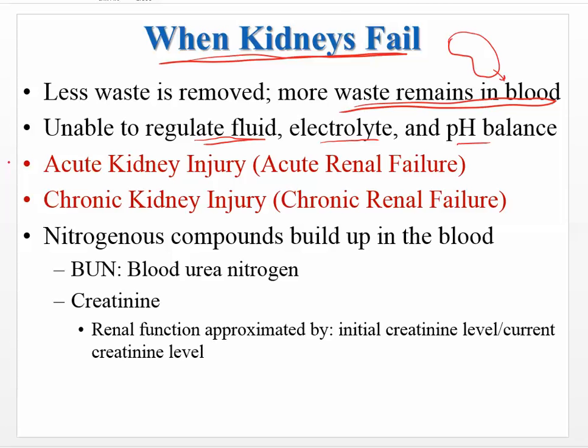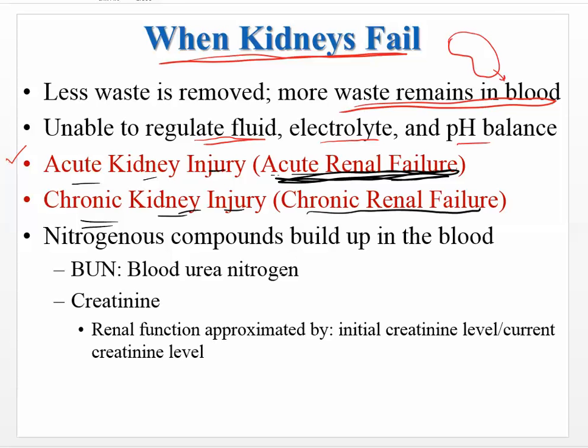So we're going to talk about acute kidney injury, which formerly was called renal failure, acute renal failure. So you'll still hear it called that, of course. But your book has taken the new terminology and calling it acute kidney injury and chronic kidney injury, which is chronic renal failure.